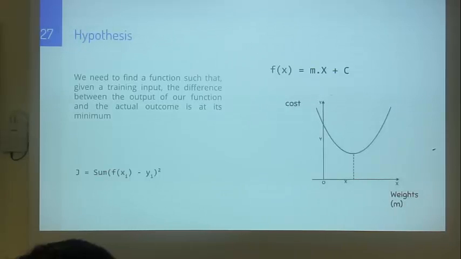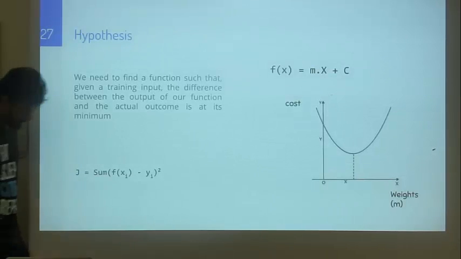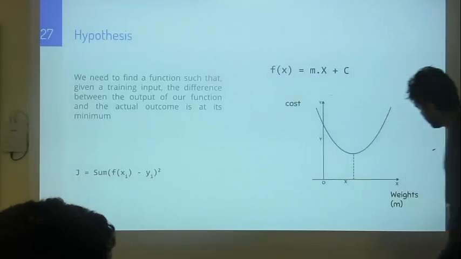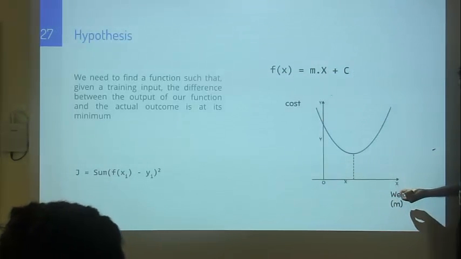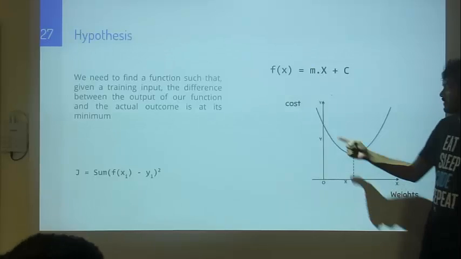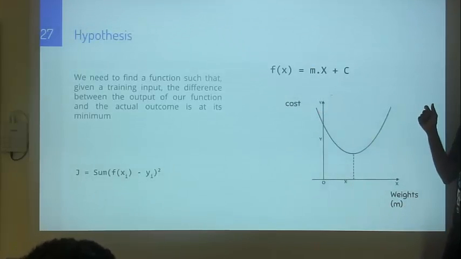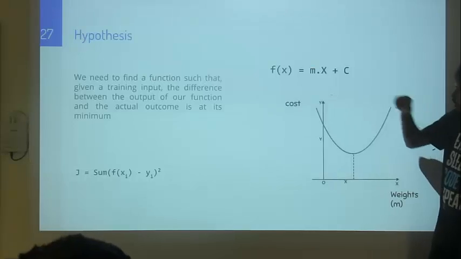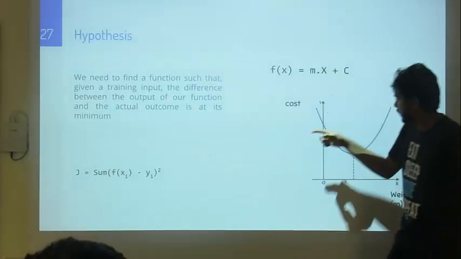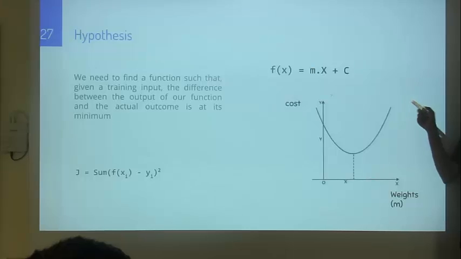If we plot our cost function, as I have told you, and we change our weights and plot it, we get a curve like this. Where is the cost at its minimum? We train our data set, and we get the cost function like this.